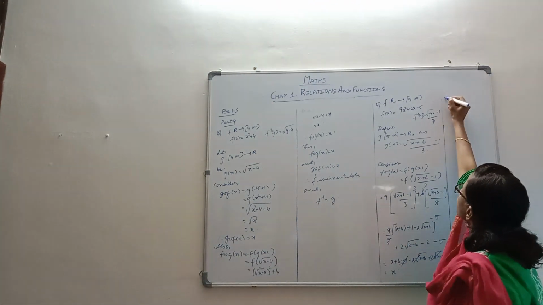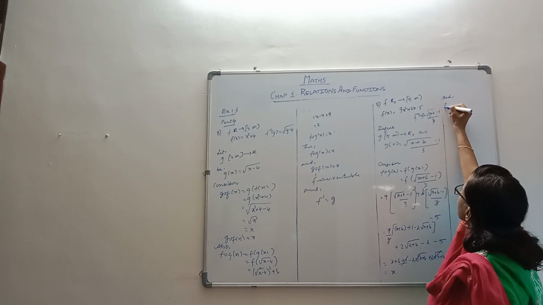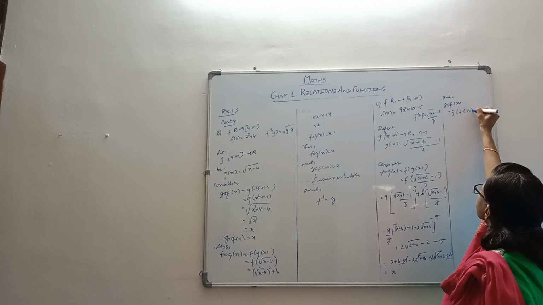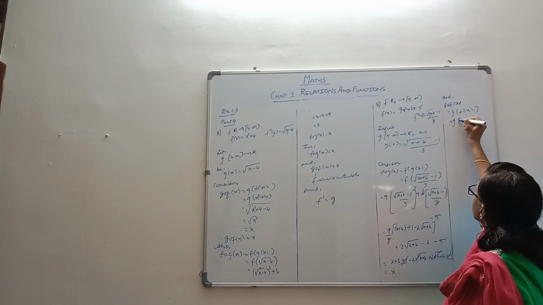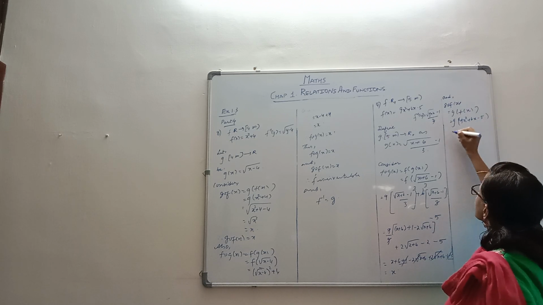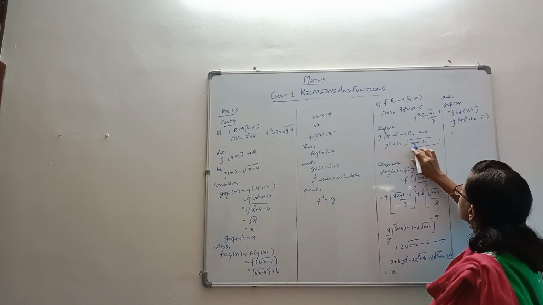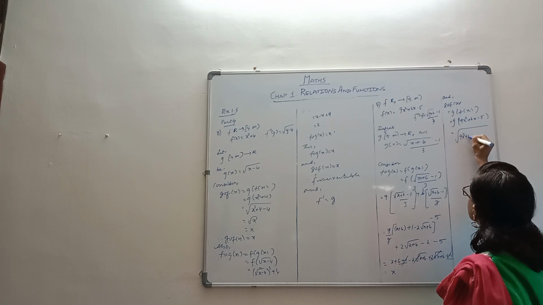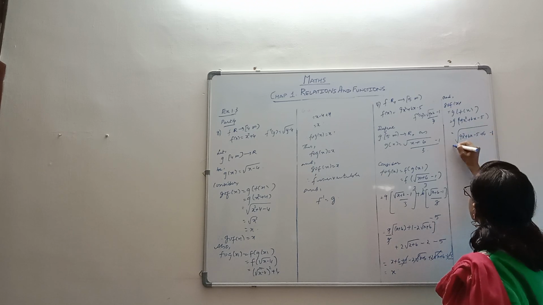Then we consider g of f. Let's see. f of x is 9x squared plus 6x minus 5. g of a particular value is root of the value plus 6, minus 1 by 3. Root of 9x squared plus 6x minus 5 plus 6, minus 1 out of the root and 3 down. So what will happen?